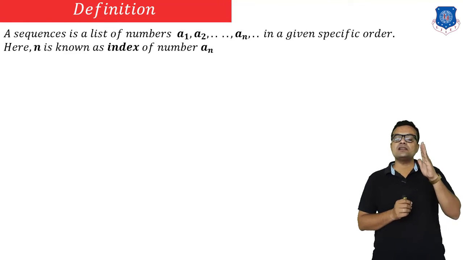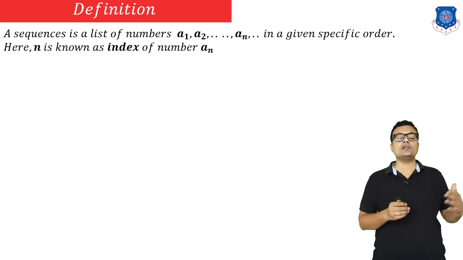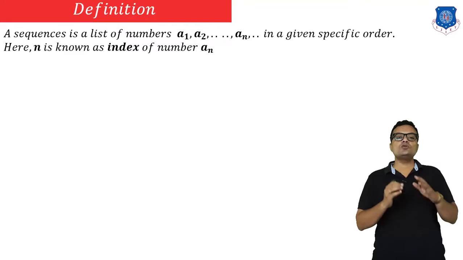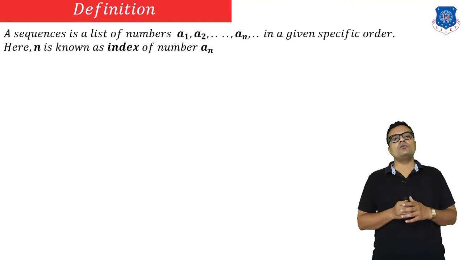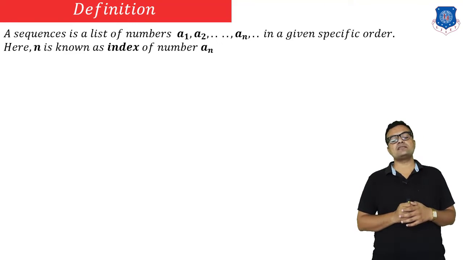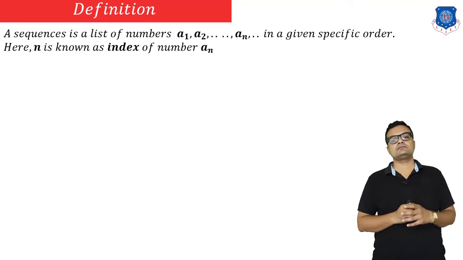So all these numbers representing the height of the bounce of the ball are a1, a2, a3 up to an. And then after doing some mathematical analysis, you can always find a relation between all these numbers. So to analyze what will be the height of the ball after certain jumps, we need to discuss sequences. So this is the meaning of sequence.